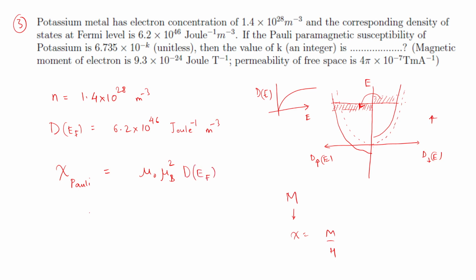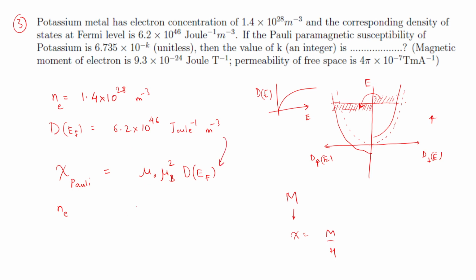Now what you have is, you see, the number of electrons is already given, 1.4 into 10 to the power 28. The density of states is already given, and this value you can directly put over here.